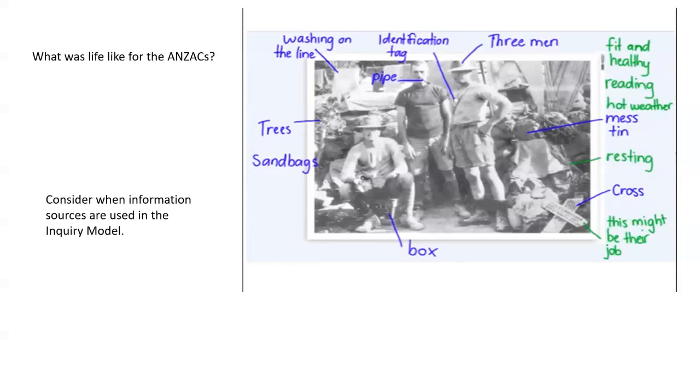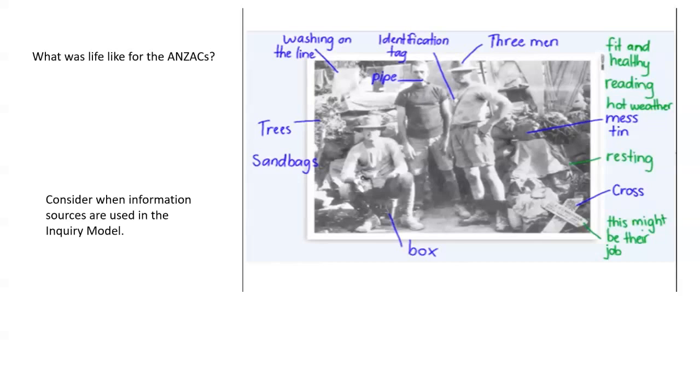So as this is a source here that's shown to you on the slide, consider when information sources are used in the inquiry model. I encourage you to pause the video now and write down, if you can remember, the different stages. Which stages do you think use information sources? Okay, so you've done that. What do you think? What stages?